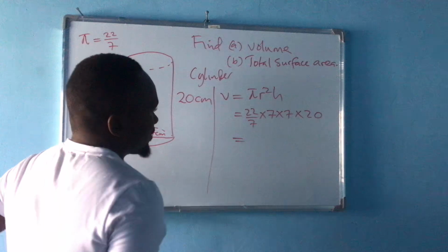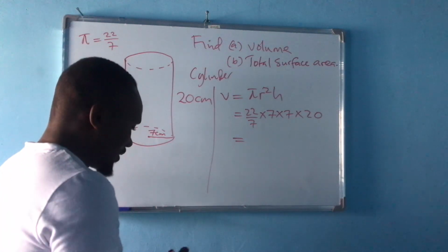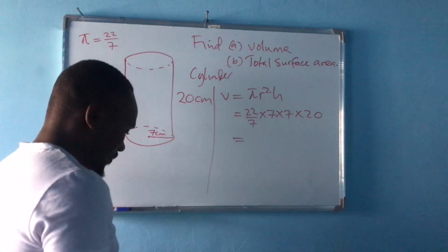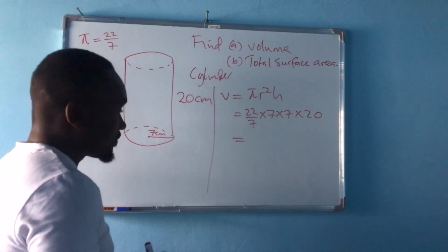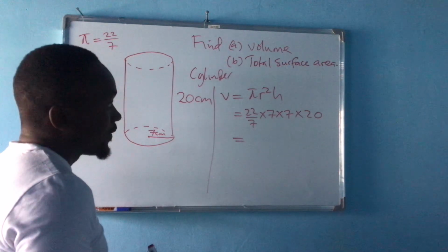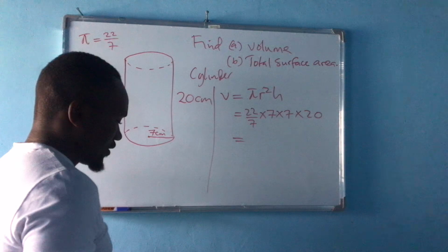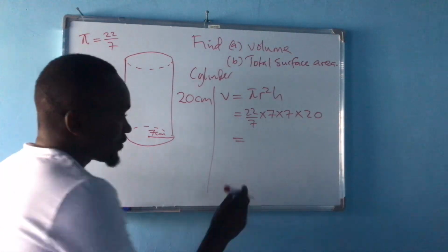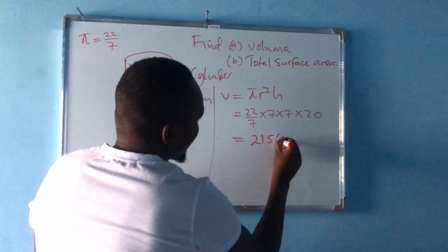The next thing we're going to do is enter this into the calculator. I have a calculator with me, so let me enter those things. 22 multiplied by 7 multiplied by 7 multiplied by 20 gives me 21,560.